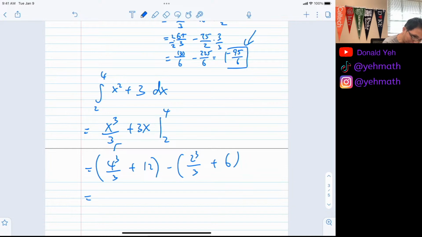I would do the 2 first because they subtract each other. So it'd be 64 minus 8. What is 64 minus 8? 56 over 3 plus 6. Then you combine this, so that's equal to 18 and 2 over 3, which is 74 over 3.